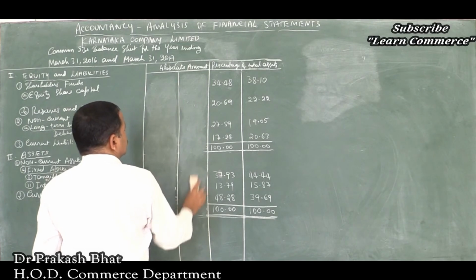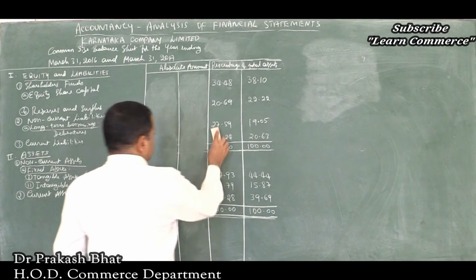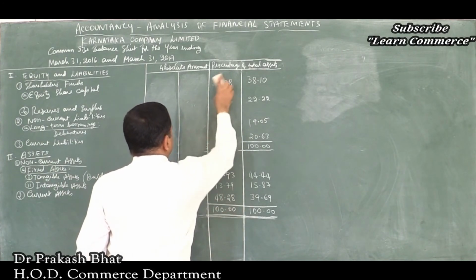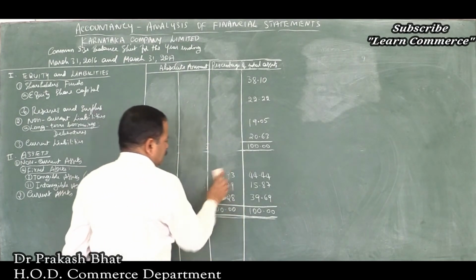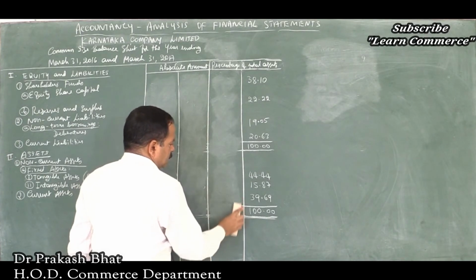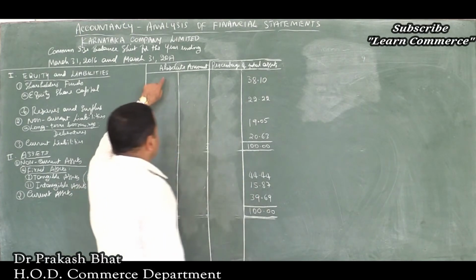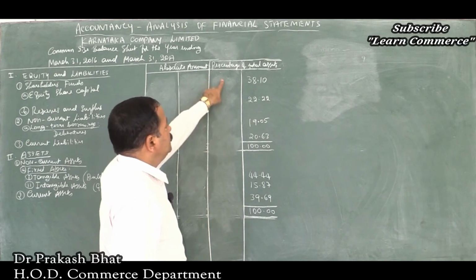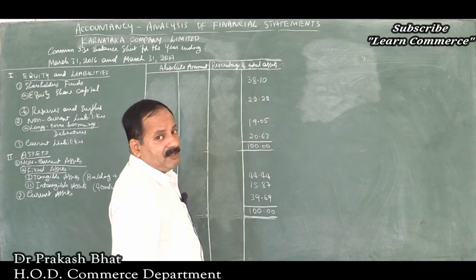First one is amount in rupees. Second one is percentage. First column, write the date 31st March 2016 rupees, here 31st March 2017 rupees, and here 31st March 2016 percentage and 31st March 2017 percent.